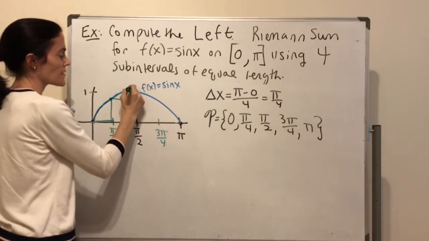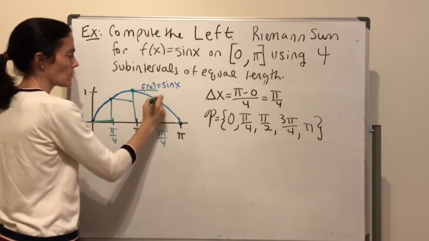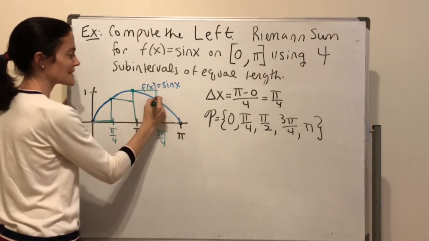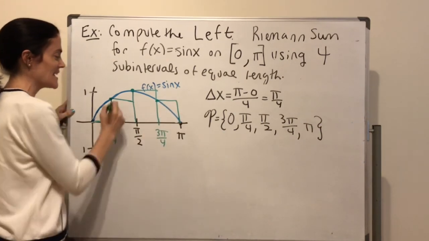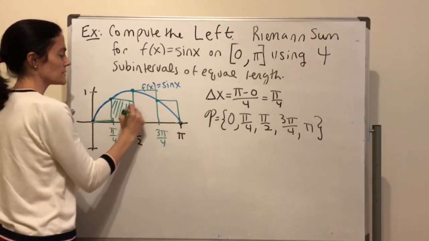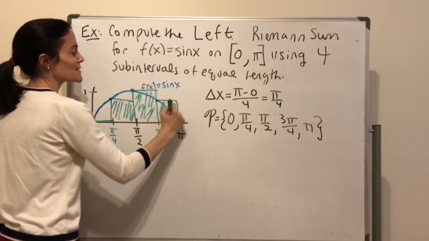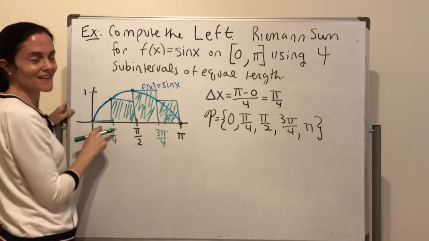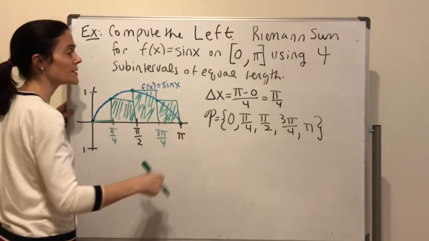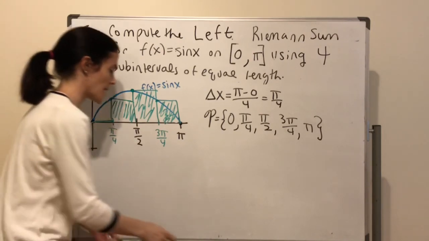Here I use the height from the left endpoint. And here I use the height from the left endpoint. Okay, so the area of these 3 rectangles, really 4, but this rectangle has 0 area, gives us the Riemann sum. So let's write that down now.